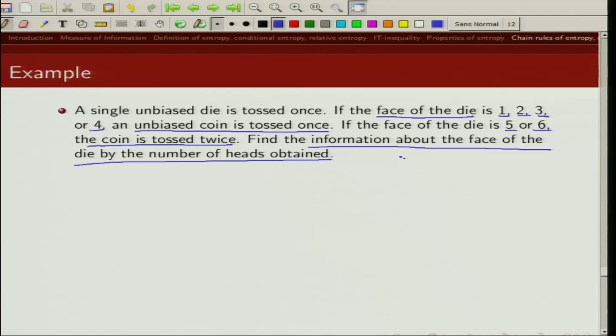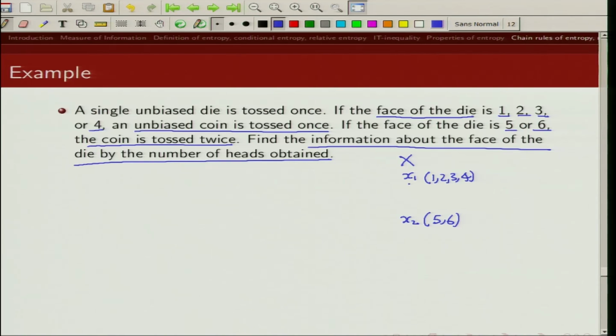You can think of it as: input x is the outcome of the dice. There are two possible outcomes, x1 and x2. If the dice outcome is 1, 2, 3 or 4, that's one possible outcome, and if the dice outcome is 5 or 6, that's the other.